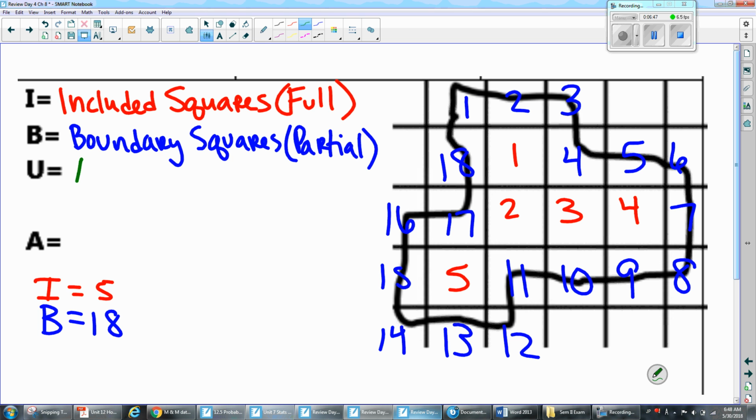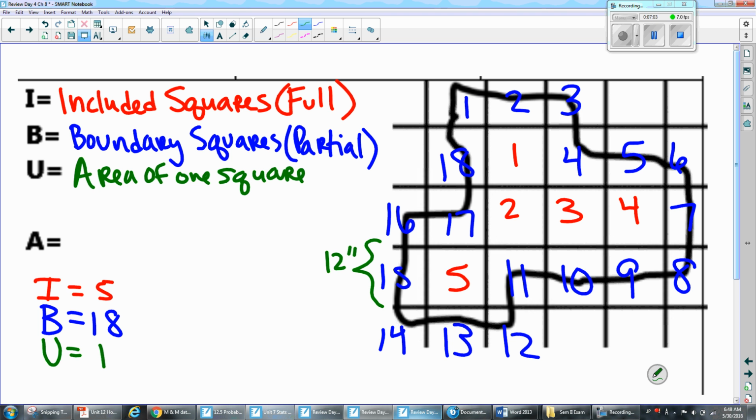U is talking about the area of one square. So this would be given to you that the side of one square is 12 inches. So I would have to take, since it's a square, 12 squared, to give me 144. And once I find all of those values, I plug it into the formula.